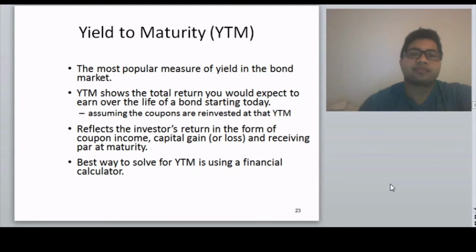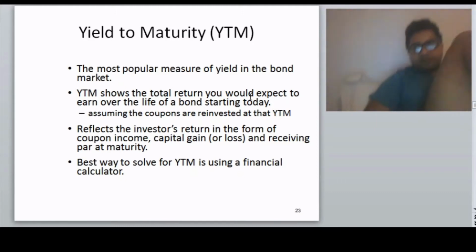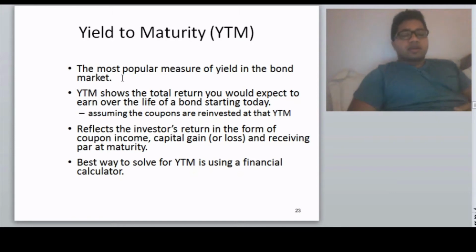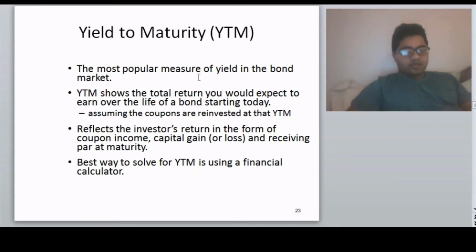Next is YTM, the most popular. YTM is the most popular measure of yield in bond markets. YTM shows the total return you would expect to earn over the life of a bond starting today, assuming the coupons are reinvested.